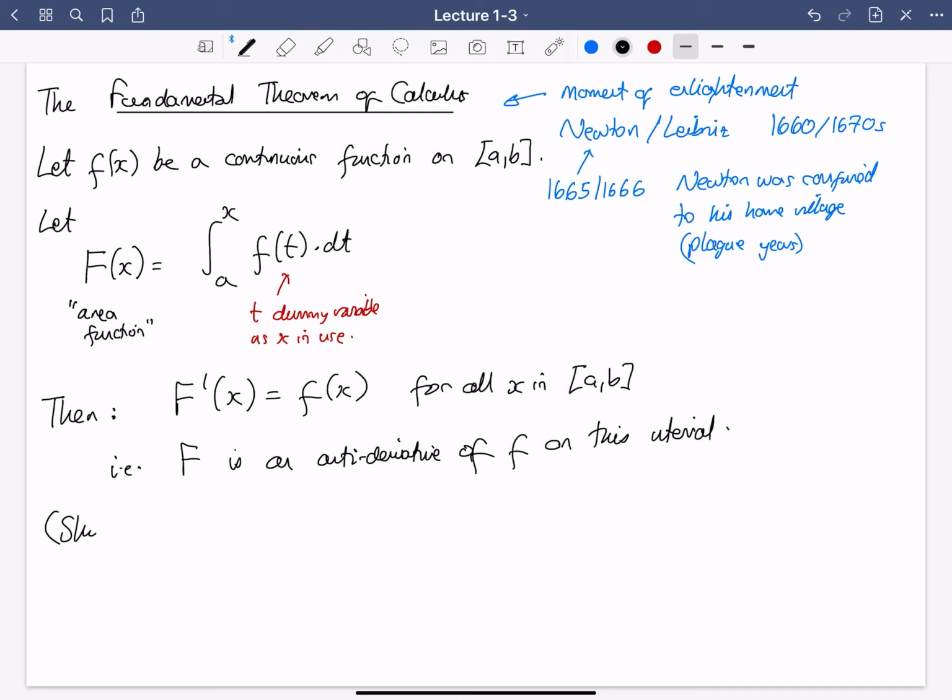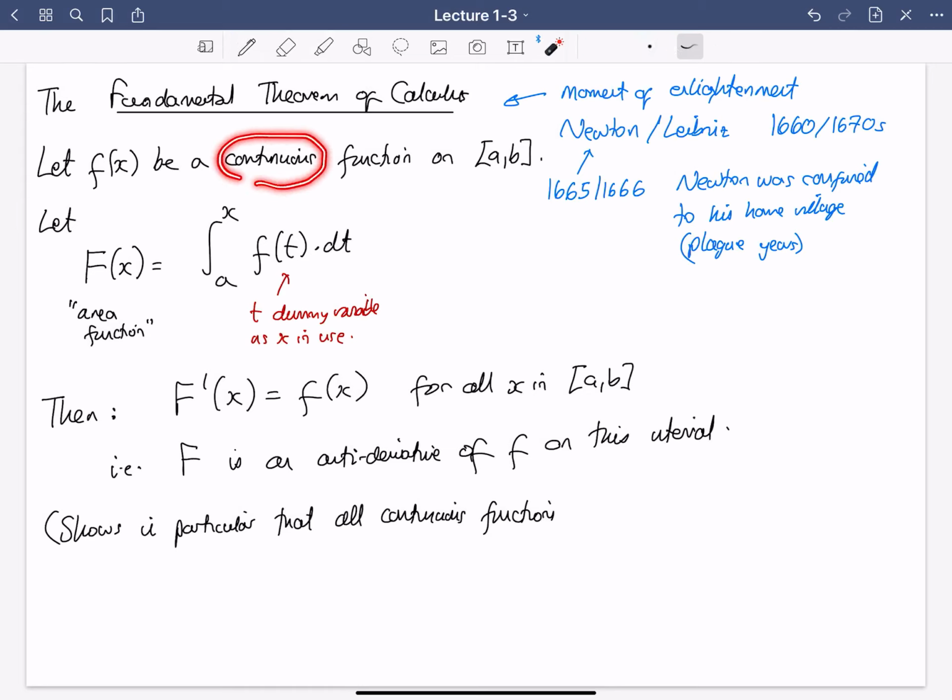So this shows in particular that all continuous functions, I had this hypothesis at the beginning that it was a continuous function in my statement of the theorem, it shows that all continuous functions possess an antiderivative. All continuous functions are integrable.